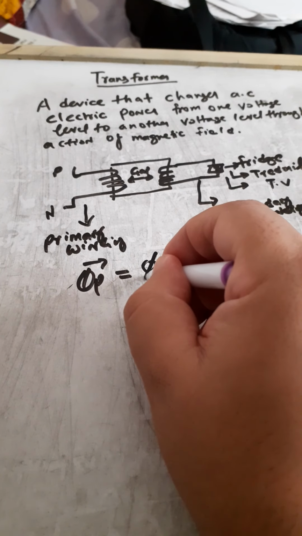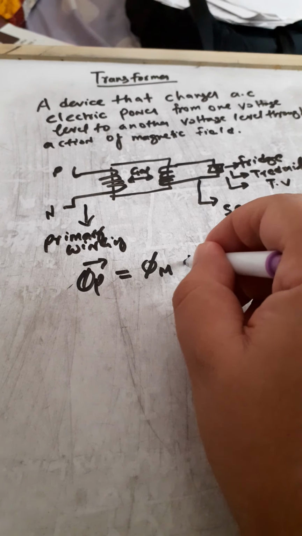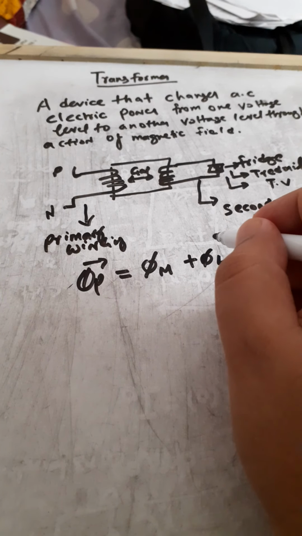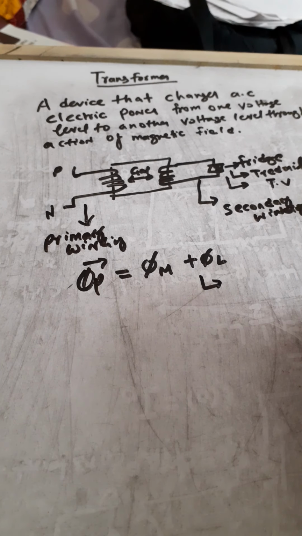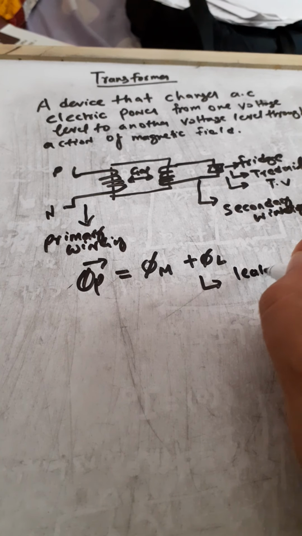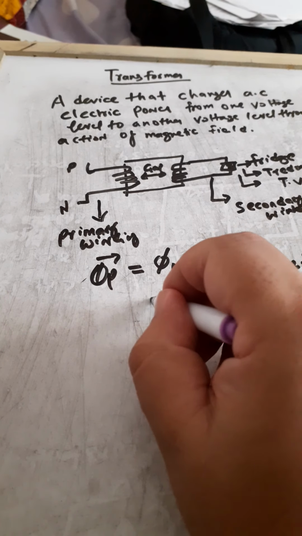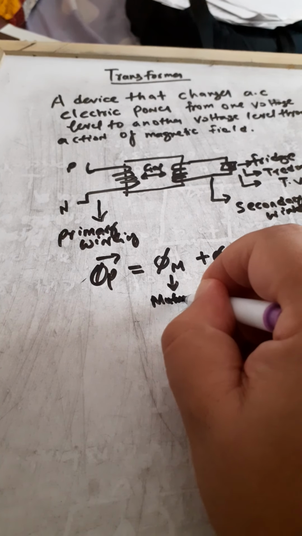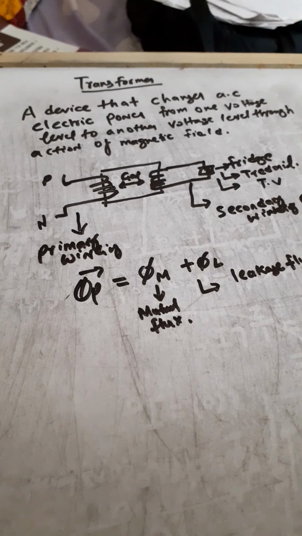is of two components. One is your phi m, this is your mutual flux, and the other is your leakage flux. So the portion of the flux that does not link both the coils is called leakage flux, whereas this portion which is linking both the coils is called mutual flux.